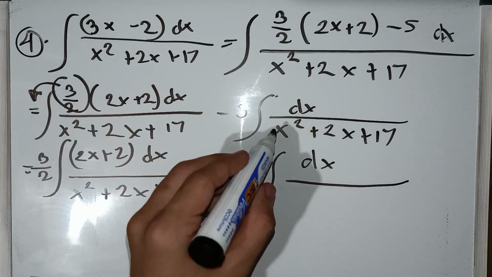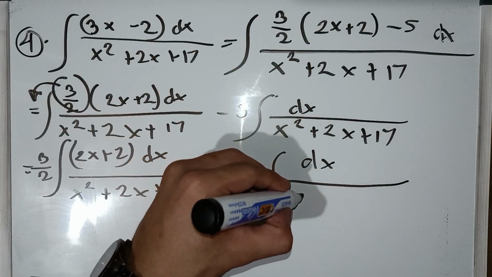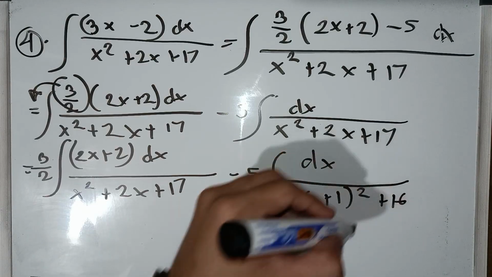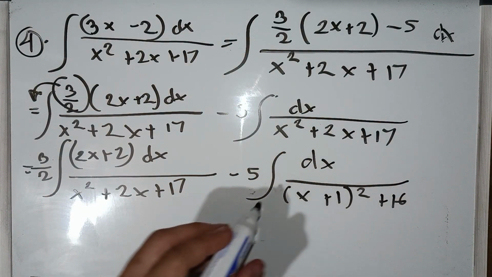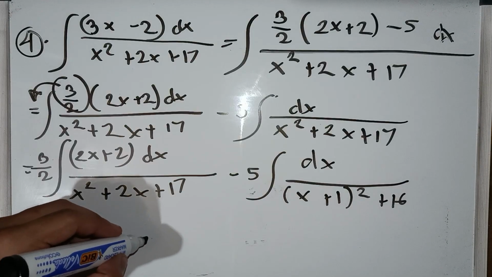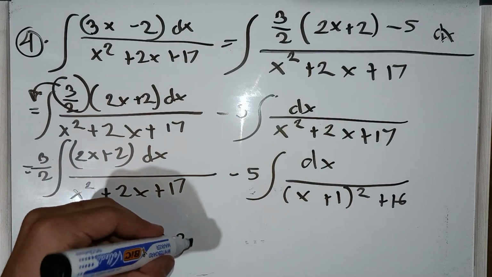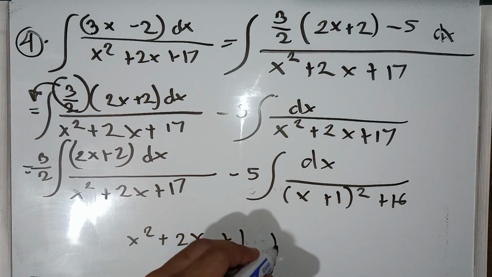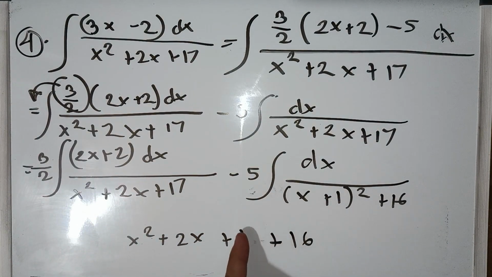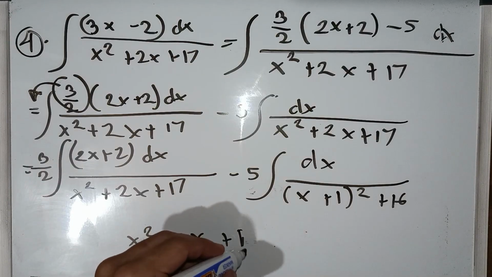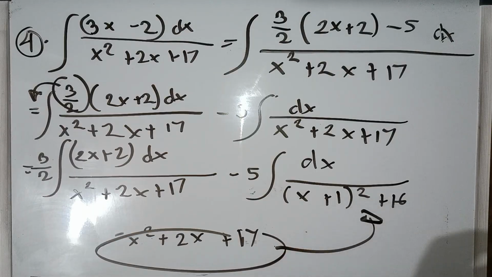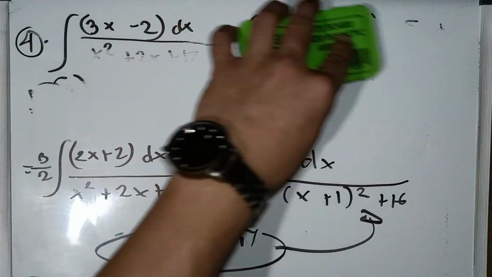Factor this out, so that will become x plus 1 squared plus 16. Here we get x squared plus 2x plus 1, and since we have plus 1, plus 16, that's why we have the 17. We can now use this to replace it.